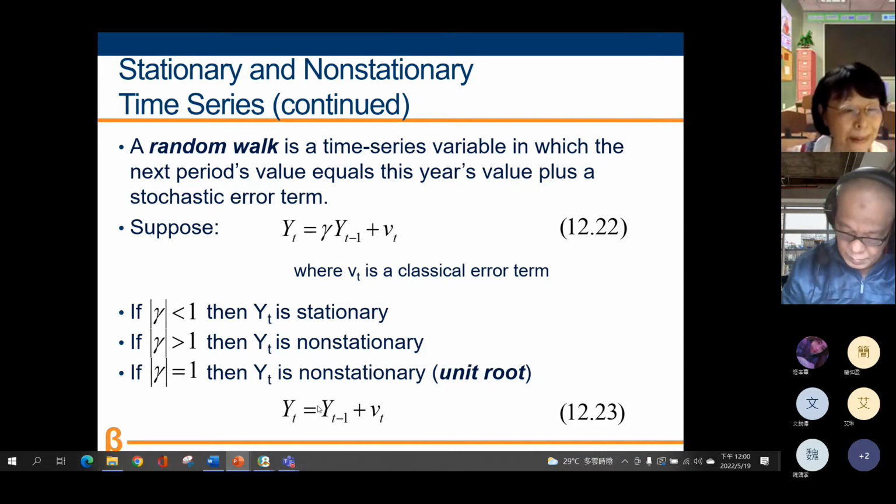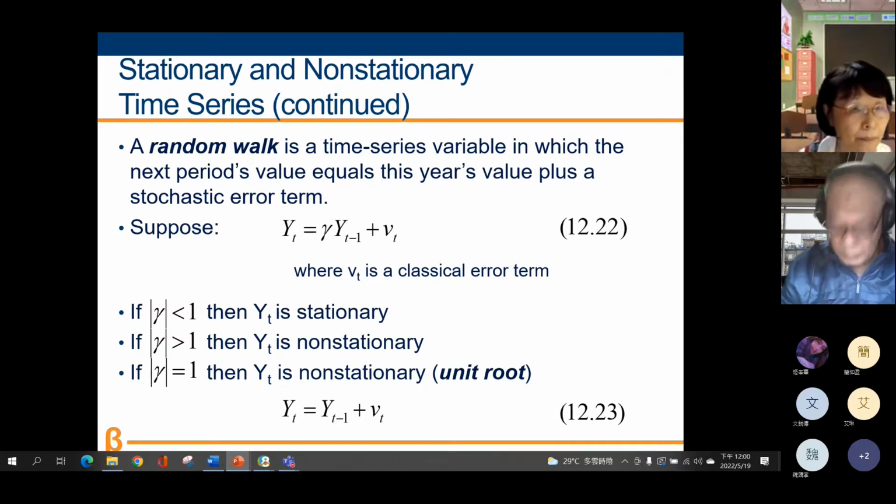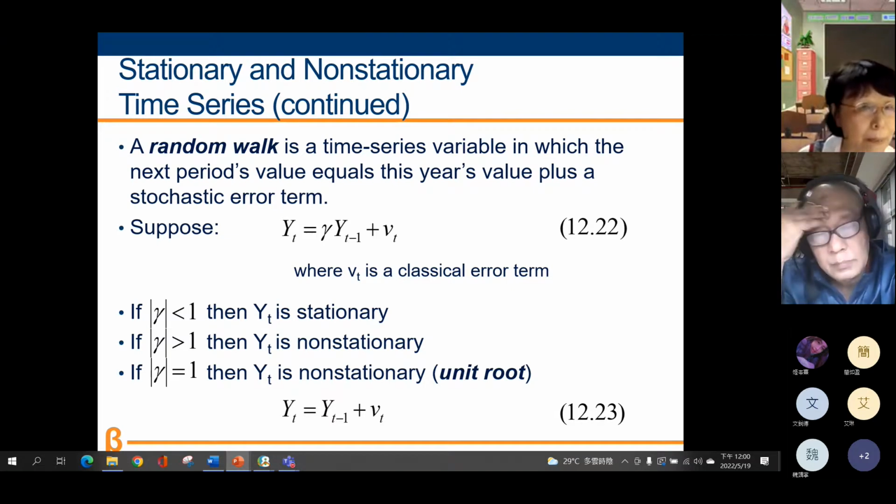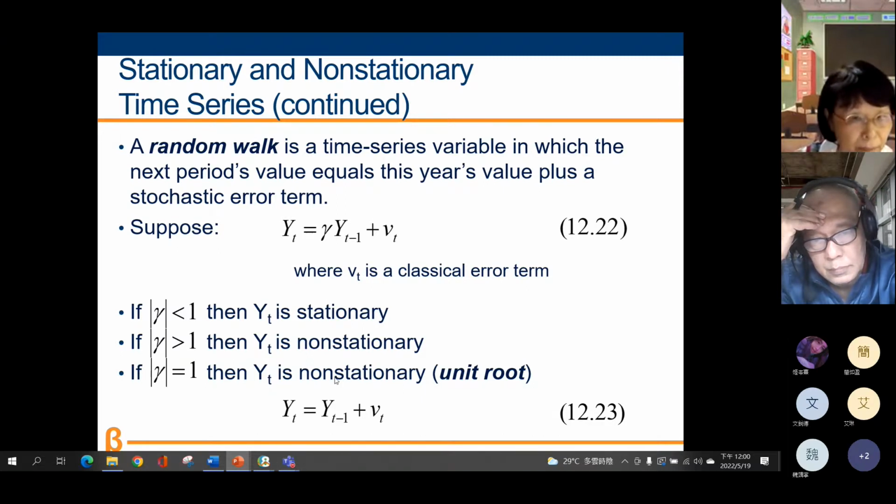In other words, the expected value of yt is always equal to the previous one, or the opposite direction of the previous one. Then yt does not converge on any value. Therefore, y is also non-stationary.